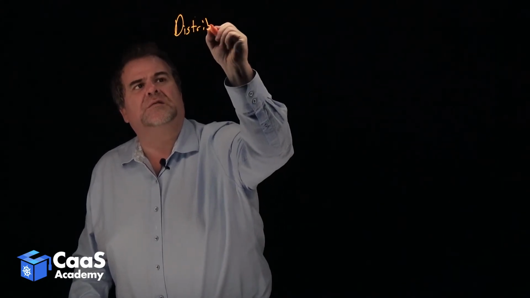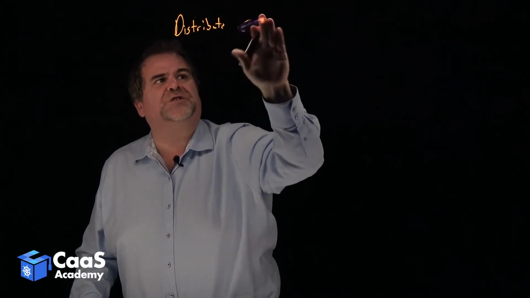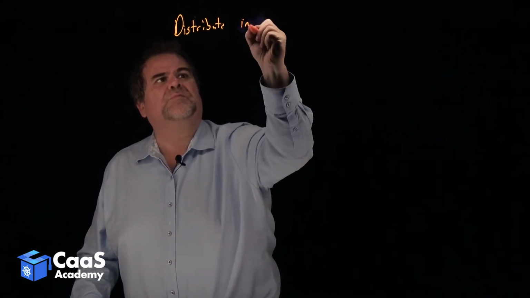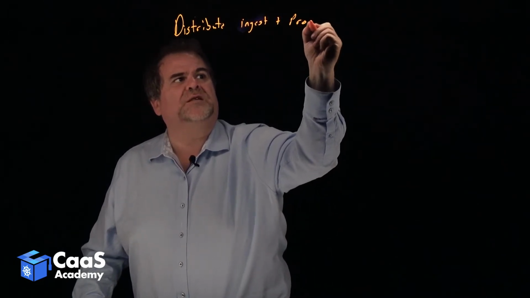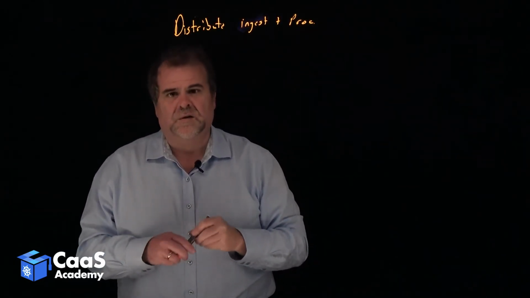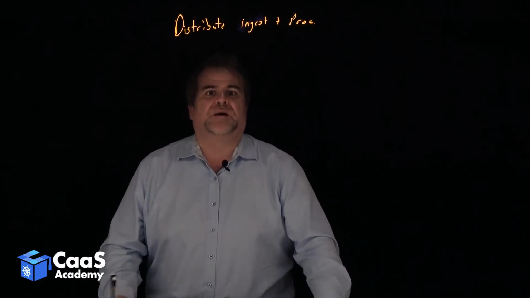First of all, we probably need to distribute the ingestion and processing of the logs. Sending this all back to one central log server anymore isn't going to work. So we probably need to distribute this.